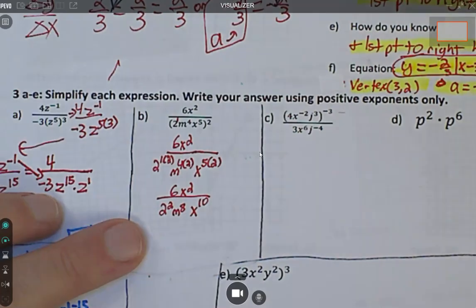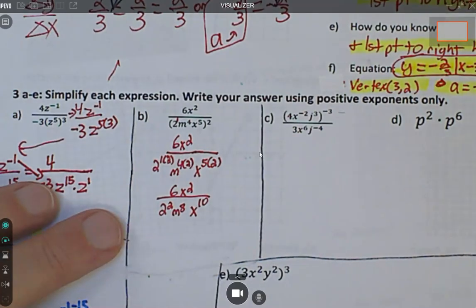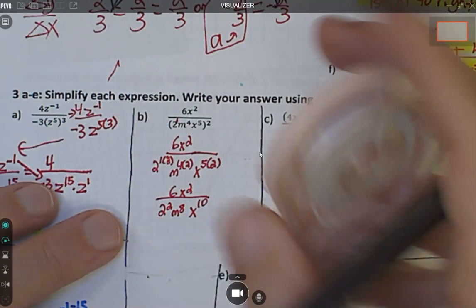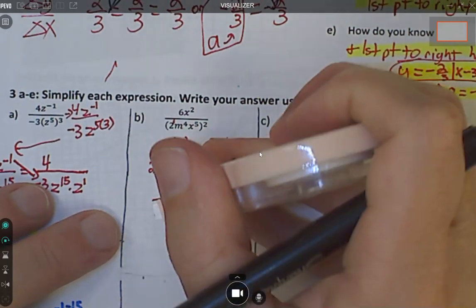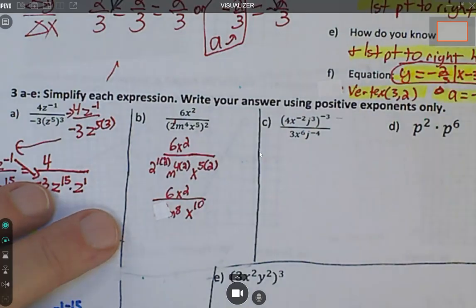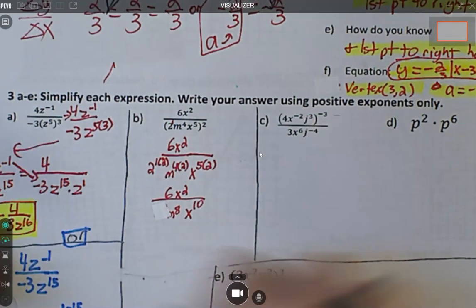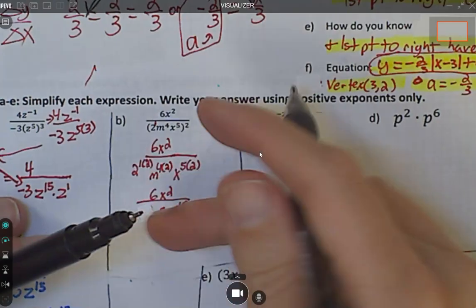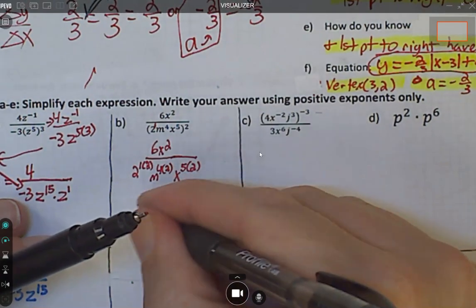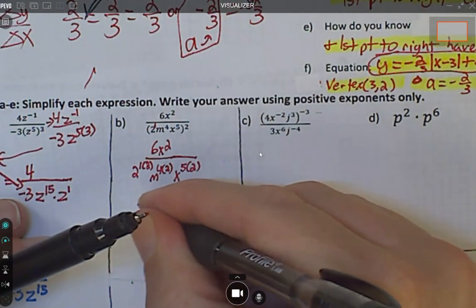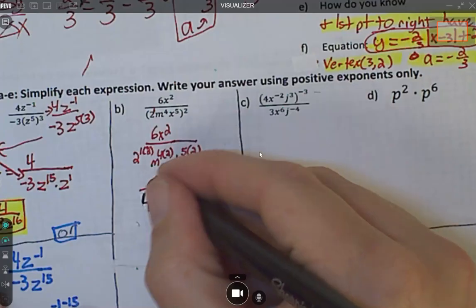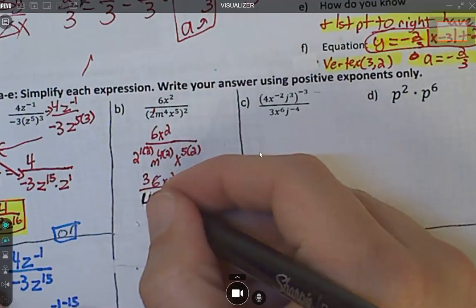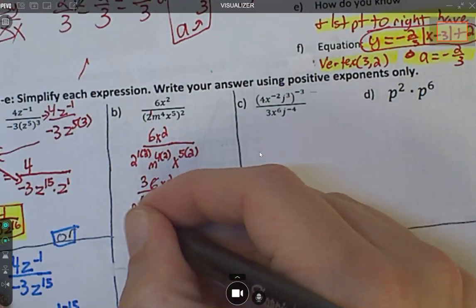Okay, 2 squared, hey, that's 4. Two squared is 4. Okay, 2 goes into 6 3 times. 2 goes into 4 twice.